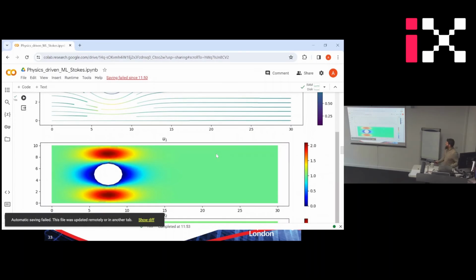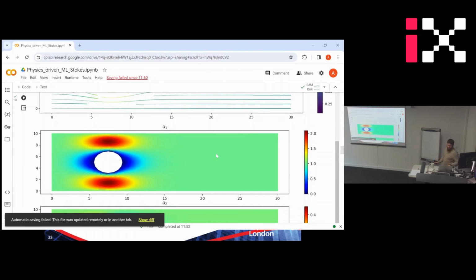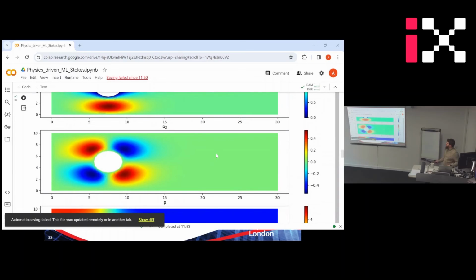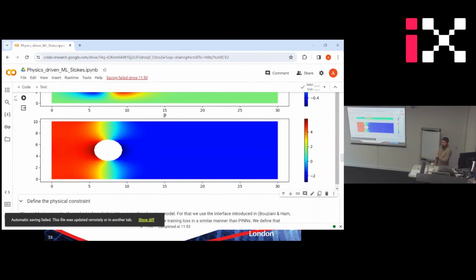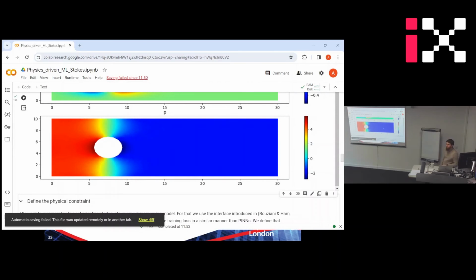So this is the x velocity, the velocity in the x-axis, and this is the velocity in the y-axis. So the velocity is a 2D vector, because you have a 2D domain: the velocity in the horizontal direction and in the vertical direction. And this is the pressure for that particular problem. All right? But why does the velocity in the y direction have this shape?